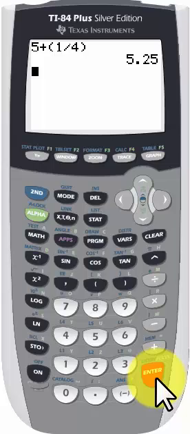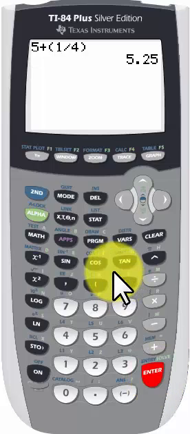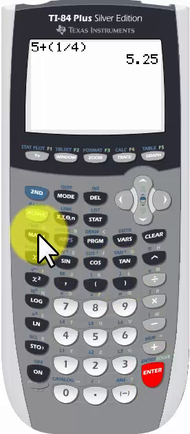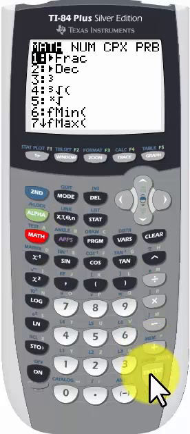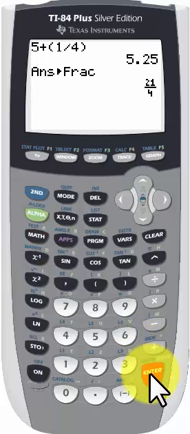And if I wanted to turn that into a fraction, what would I hit? I'm hoping you all said math, enter, enter. And there it is as an improper fraction. So your calculator won't give you mixed numbers, it's going to give you improper fractions, but you can put your mixed numbers in.